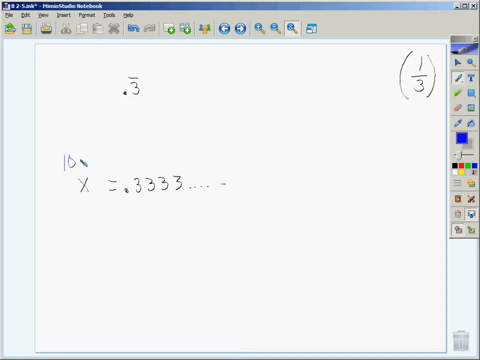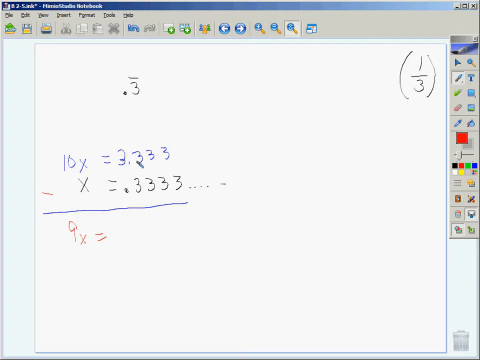If I multiply the x by 10, what do I got to do to the 0.3333? Multiply it by 10. So it becomes 3.333 repeating. Right? What do I do with these numbers now? I subtract. What's 10x take away 1x? 9x.